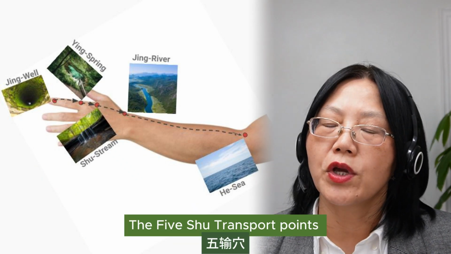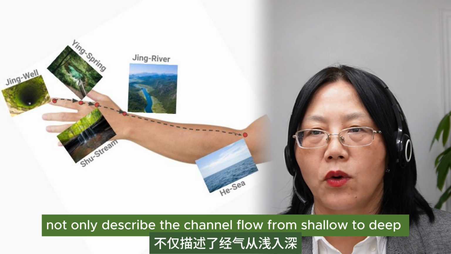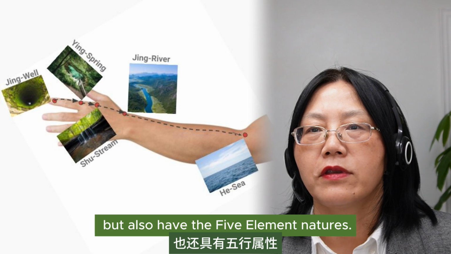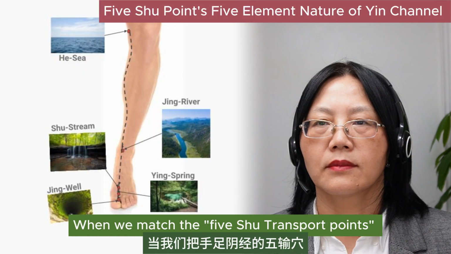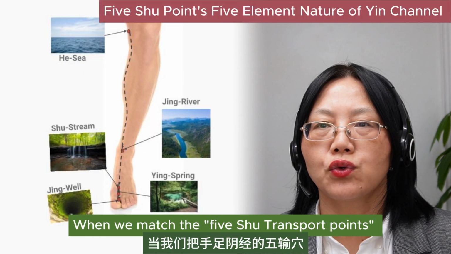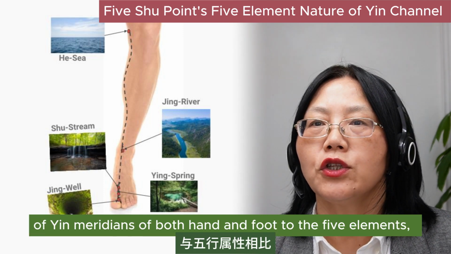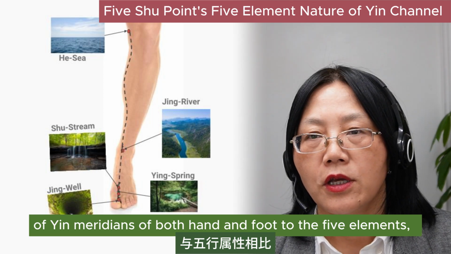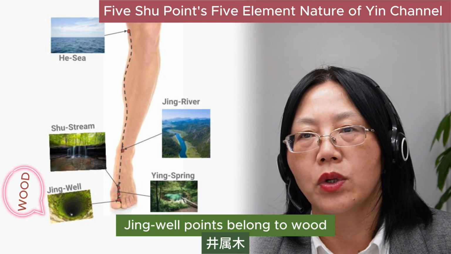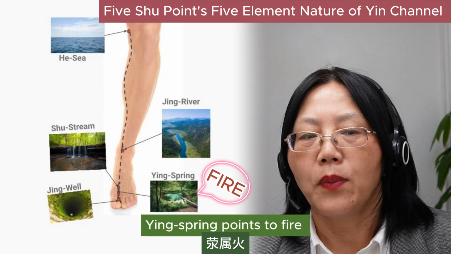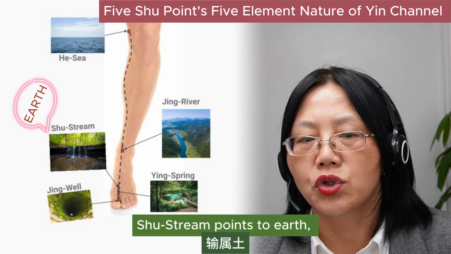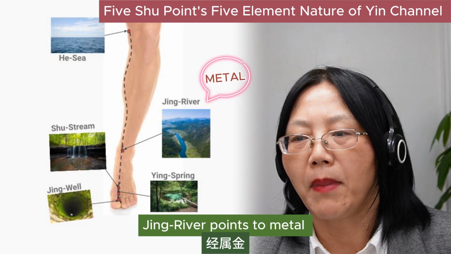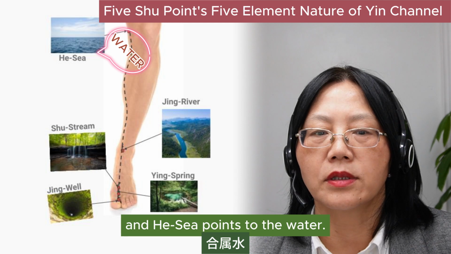The 5 Shu transport points not only describe the channel flow from shallow to deep, but also have the 5-element natures. When we match the 5 Shu transport points of yin channels of both hand and foot to the 5 elements, Jing-Well points belong to wood, Yin-Spring points to fire, Shu-Stream points to earth, Jing-River points to metal, and He-Sea points to water.